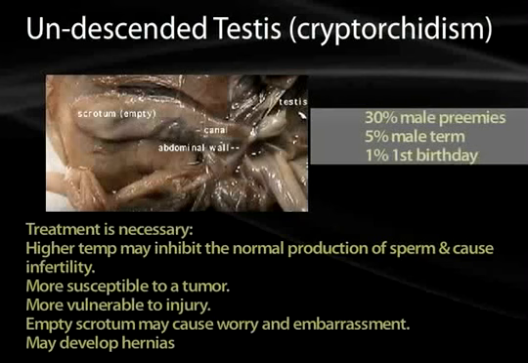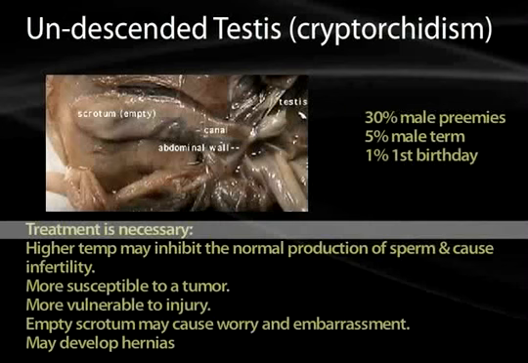So 30% of male preemies will have an undescended testis, which is normal because the testis typically doesn't start descending until the 37th or 38th week. About 5% of male babies carried to term will have an undescended testis, but only 1% of them will still have this by the first year.